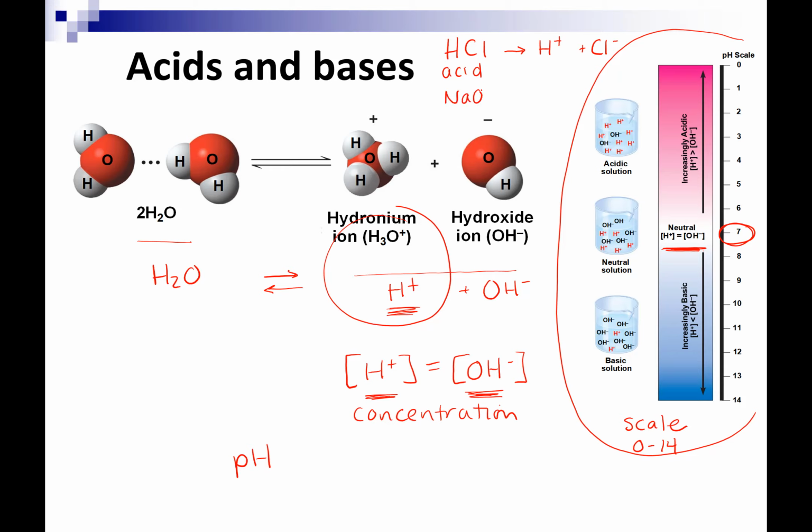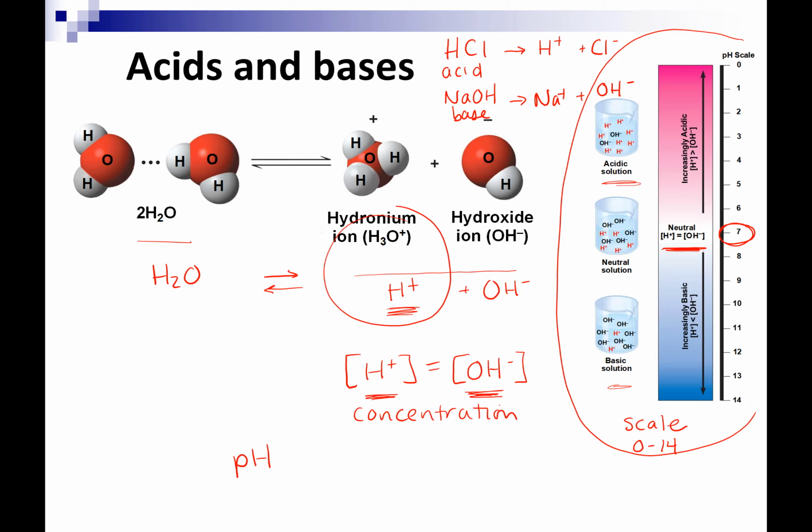We have bases such as sodium hydroxide, which will break apart into a sodium ion and a hydroxyl ion. And so in biology, we have things that add acid and base to our systems. At the end of this lecture, we're going to talk about how we control that, because you don't want to go to extremes of acidic or basic solutions, for instance, in your blood, or you will die.